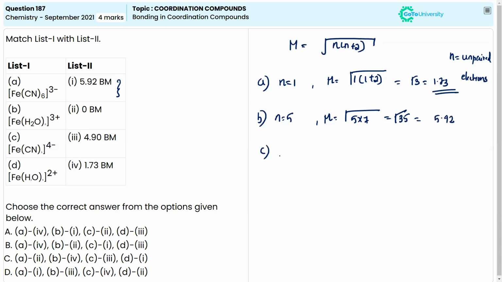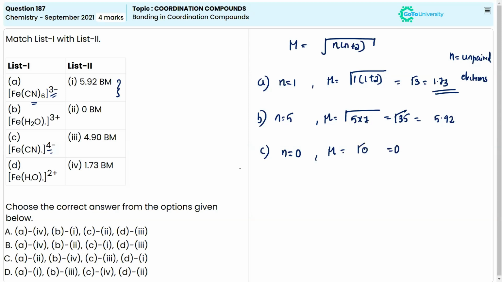Now the third one, [Fe(CN)6]4-. This has 0 unpaired electrons because CN- is a strong field ligand, and not only for that reason, but because of the charge as well. In the first one also it is strong field, but the charge is 3-, so that's why it has one unpaired electron. So here the mu value will be square root of 0, that is 0.